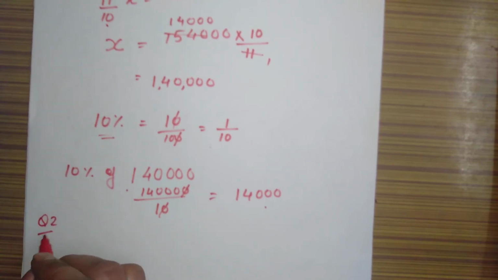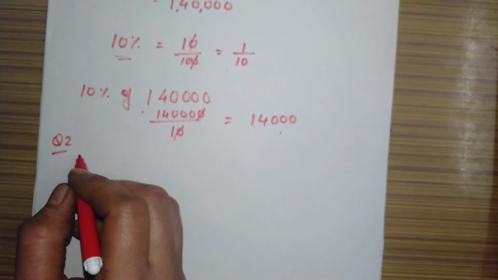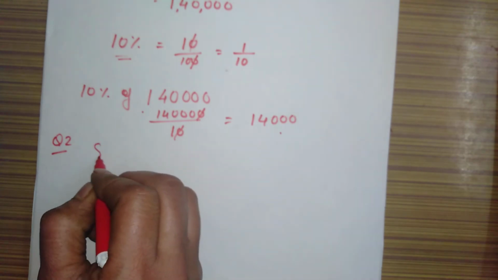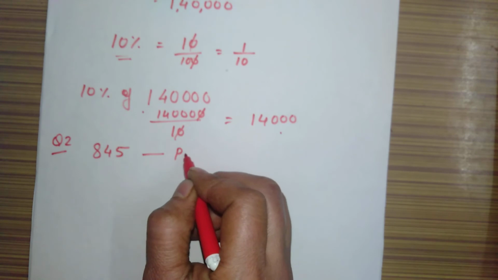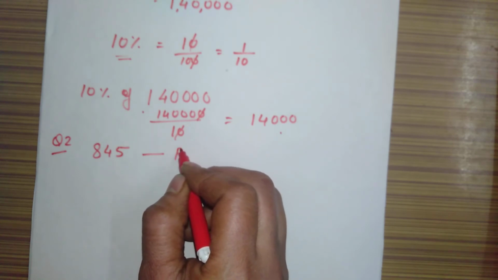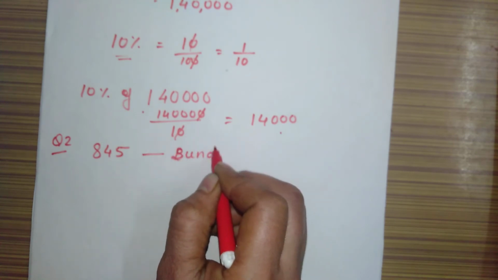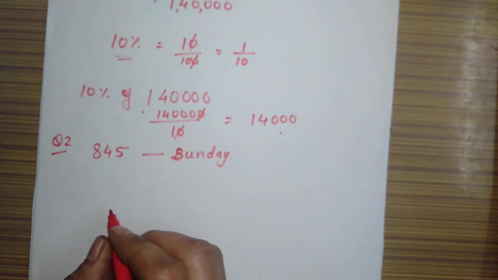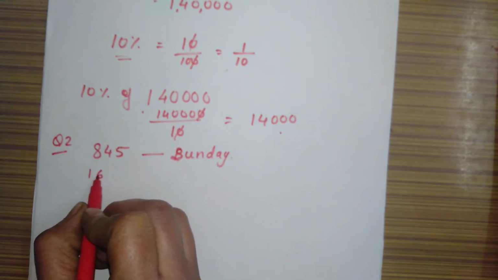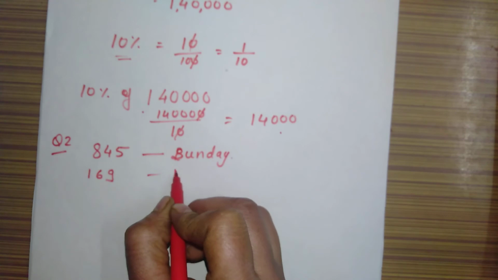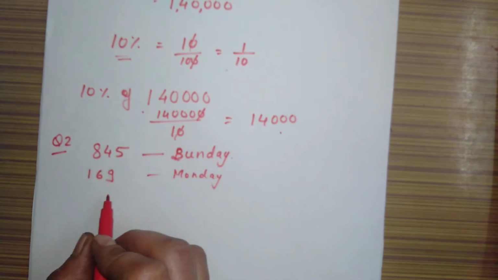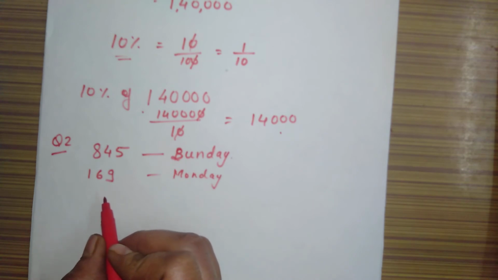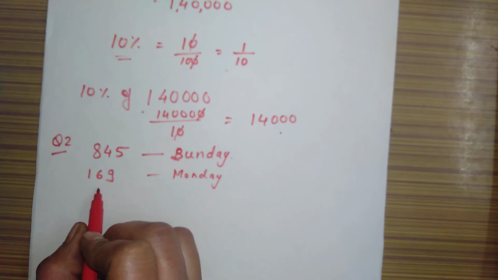Question number 2 says that on Sunday 845 people visited the zoo, and on Monday 169. You can see that on Sunday it was 845 and on Monday it is 169.